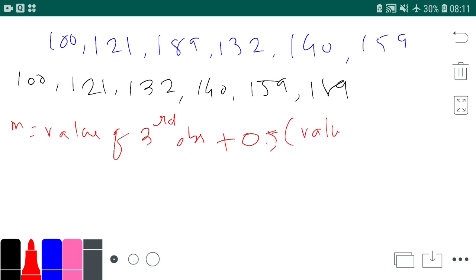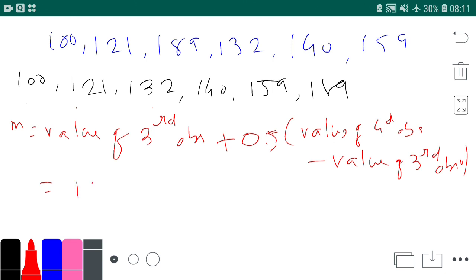I told you that 3.5 is between 3 and 4. 4 is bigger, so it's the value of the fourth observation minus the value of the third observation. The value of the third observation is 1, 2, 3, that is 132, plus 0.5 into the value of the fourth observation, 1, 2, 3, 4, 140, minus 132.